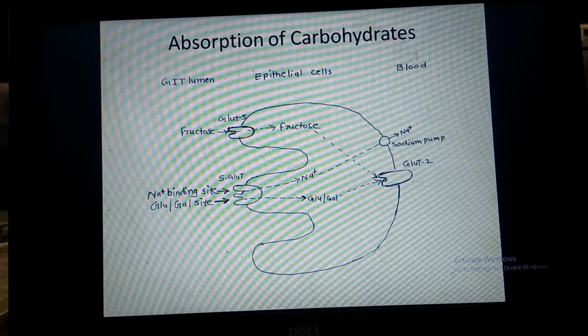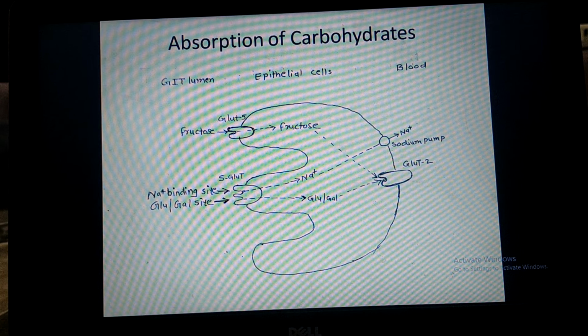Now come to GLUT5. GLUT5 transports mainly fructose. It is a poor transporter of glucose. It binds with the fructose on one side, and when the fructose binds, it undergoes a conformational change, and there is rotation of this GLUT5 protein by 180 degrees, and it opens inside the epithelial cell, and the fructose is released inside the epithelial cell.